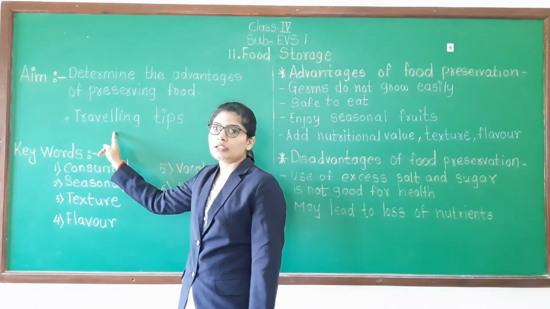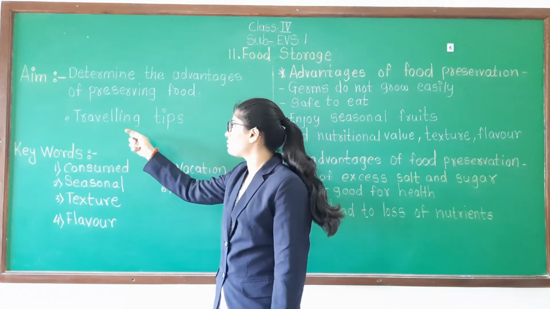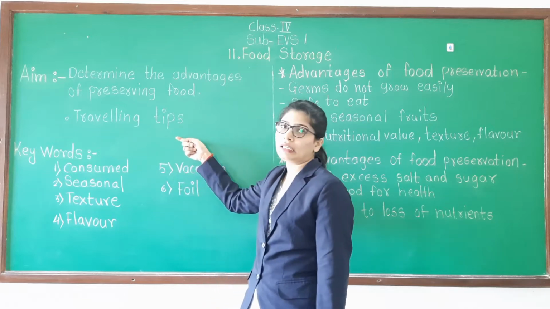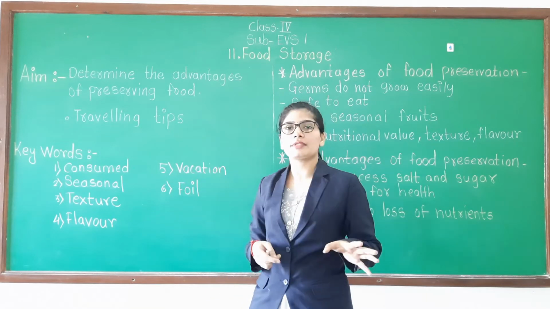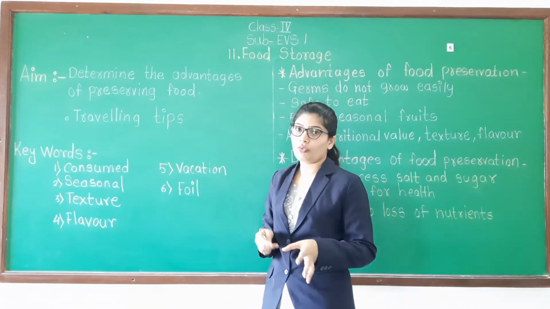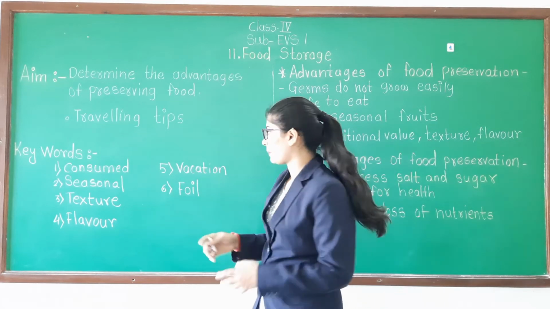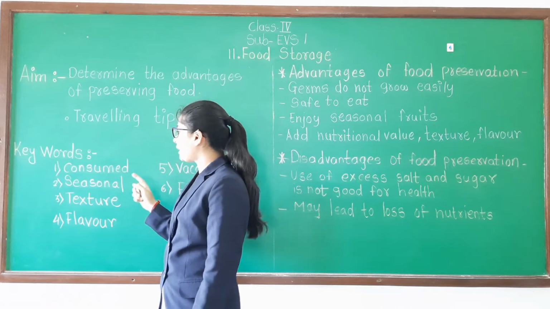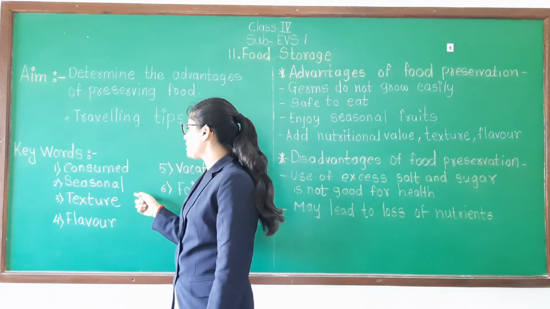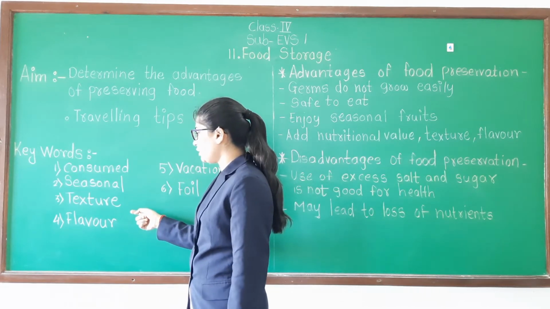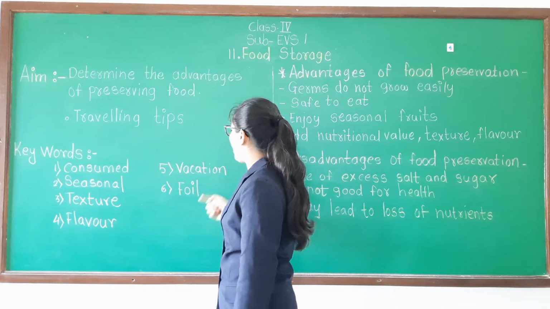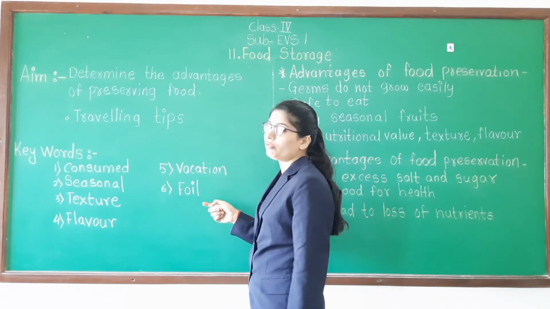And one another small point is given in your textbook, that is traveling tips. Some tips are given that you should follow when you are going for traveling or picnic. Write the keywords: consume, seasonal, texture, flavor, vacation and foil.